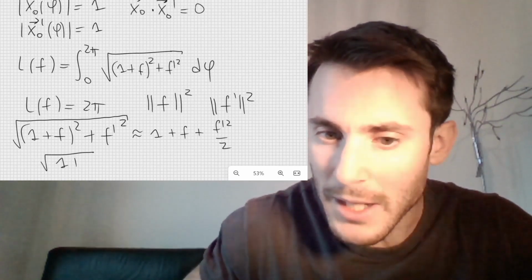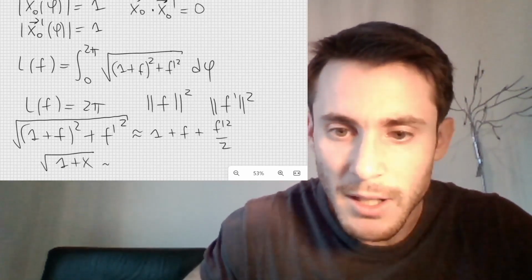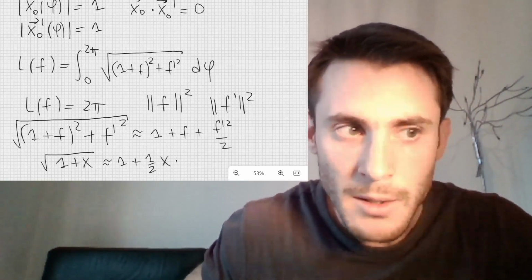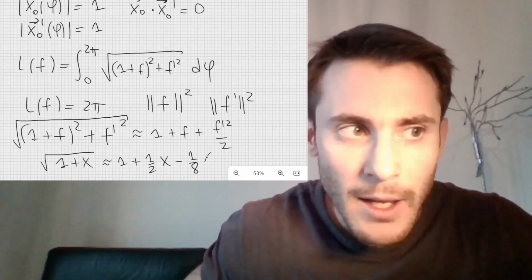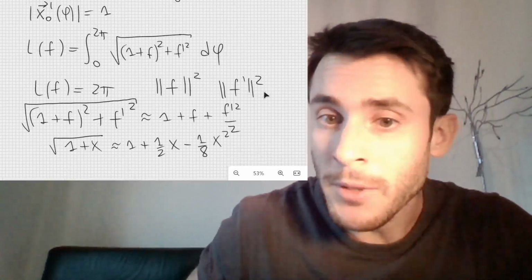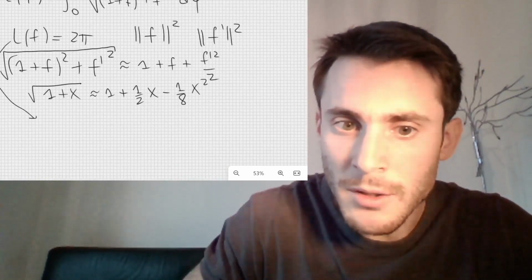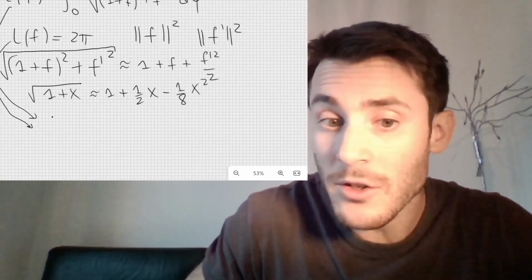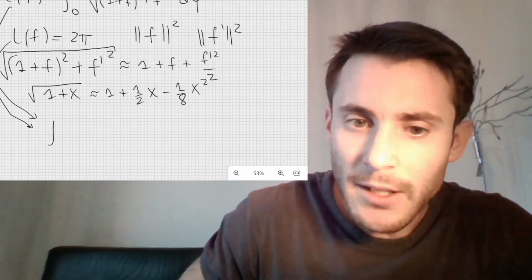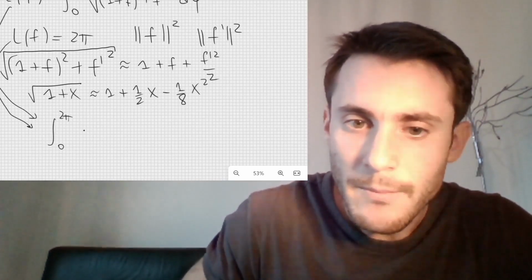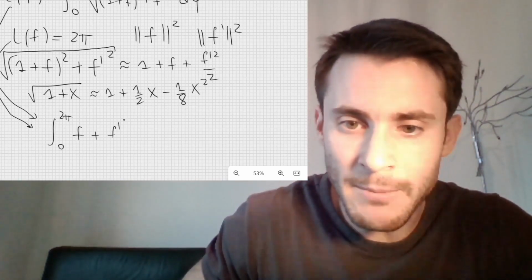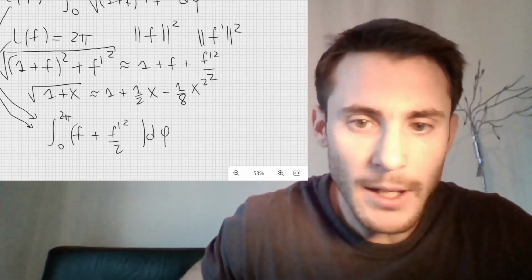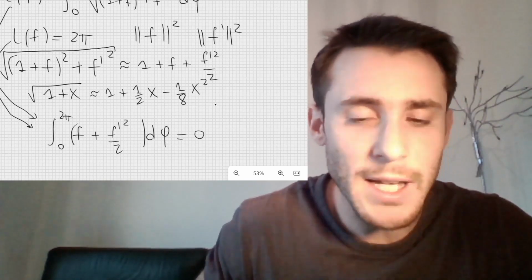The square root of 1 plus x is approximately equal to 1 plus 1 half times x minus 1 over 8 x squared. From here, from this equation and also this equation here, by considering this expansion, we can write the integral from 0 to 2 pi of f plus f prime squared over 2 d phi equal to 0. So this is what we get.